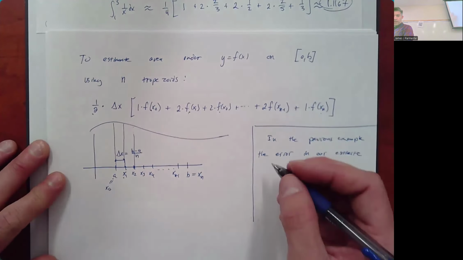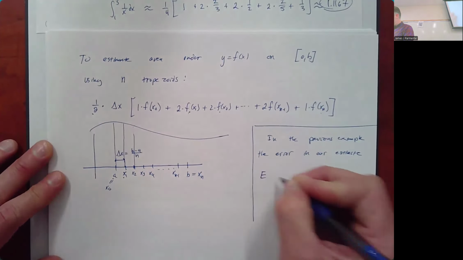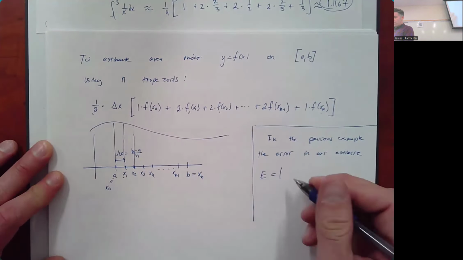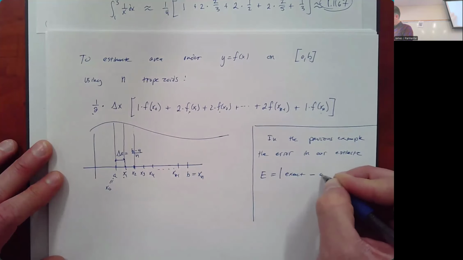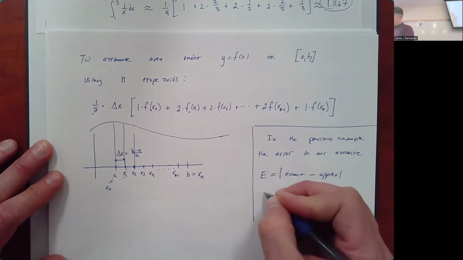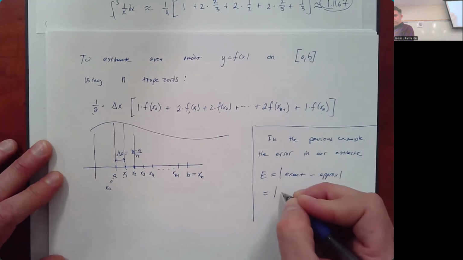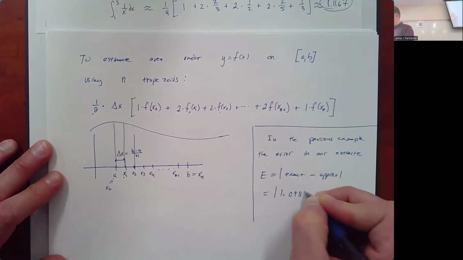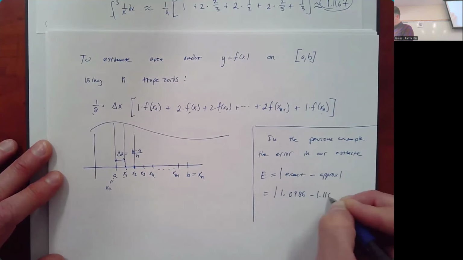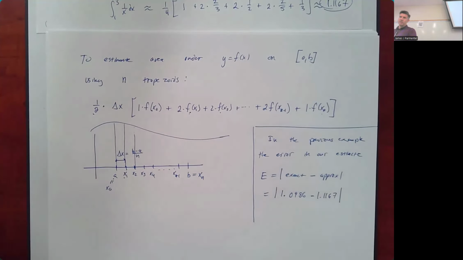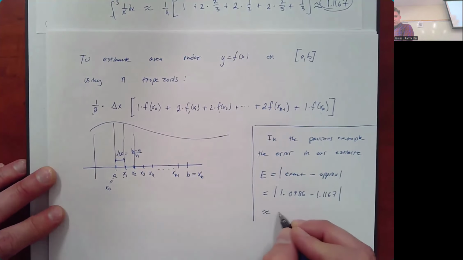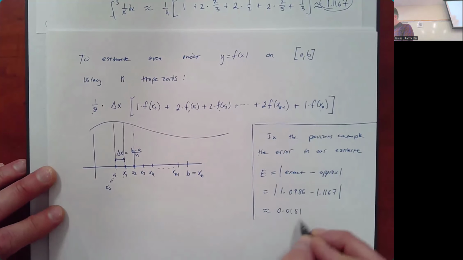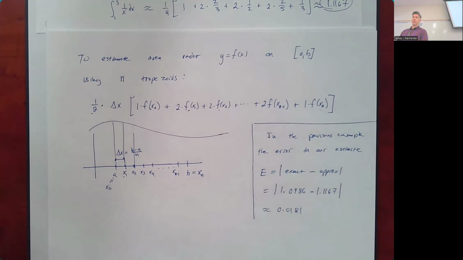So our error is, we usually use a capital E, and we put absolute values around our exact value minus the approximate value, which in this case is the absolute value of 1.0986 minus 1.1167. Yes, I recognize that these are both approximations themselves, so okay. But if you get this, it's approximately equal to 0.0181. So good, our estimate's pretty good. We're not off by that much.